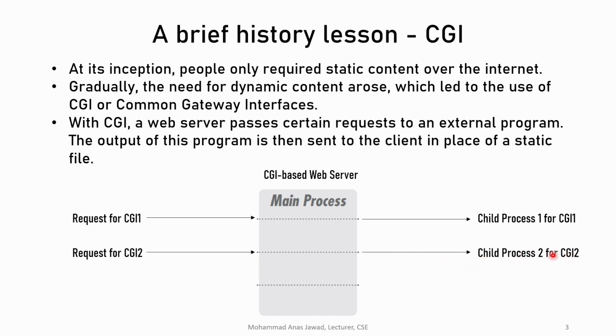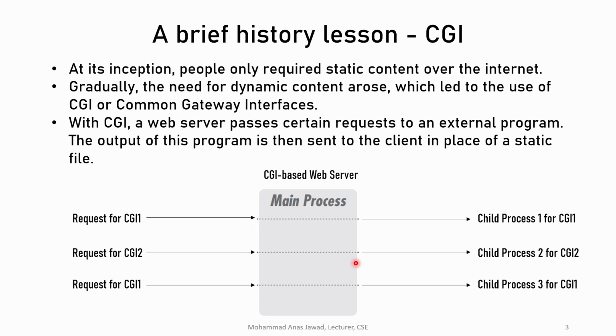Okay. Now, imagine that I have a third client who is making a request for the same CGI1 program that I had already used earlier. Okay. In this case as well, the CGI-based web server will spawn a third child process, and that third child process will be used to call the CGI1 program again.